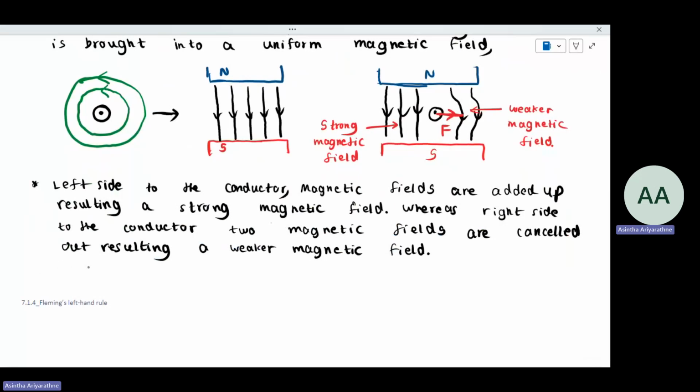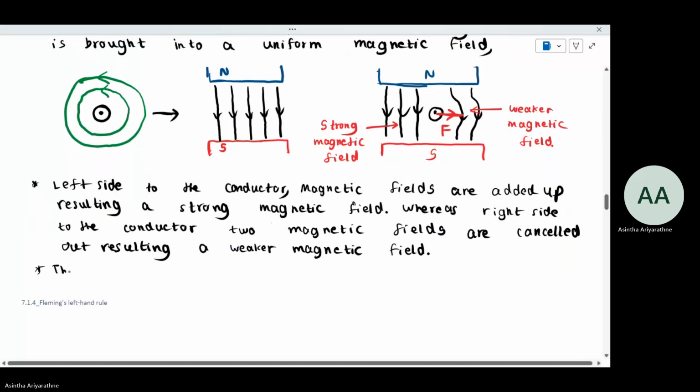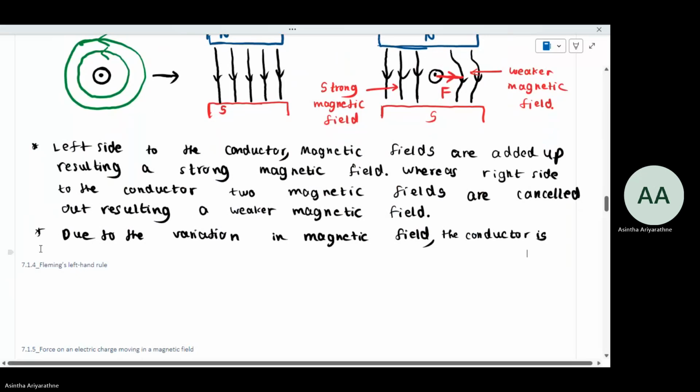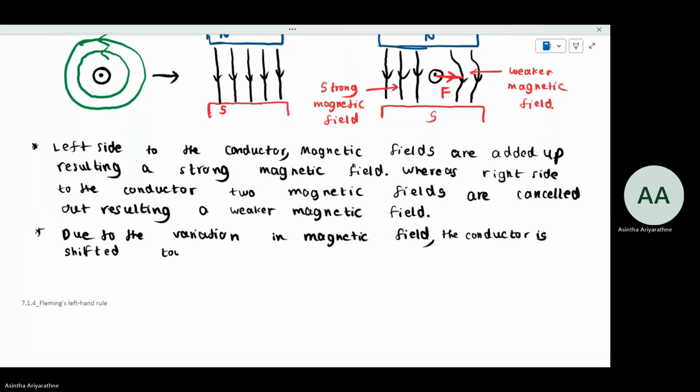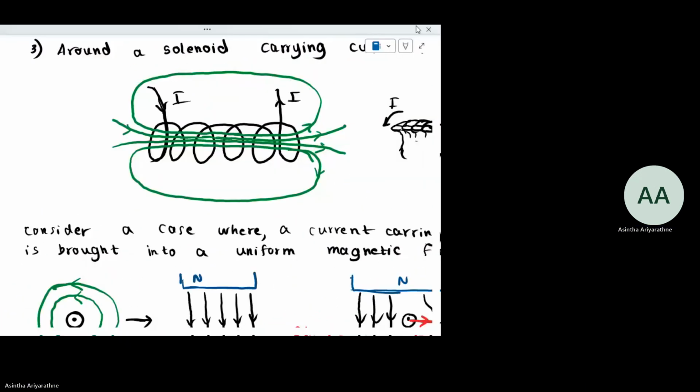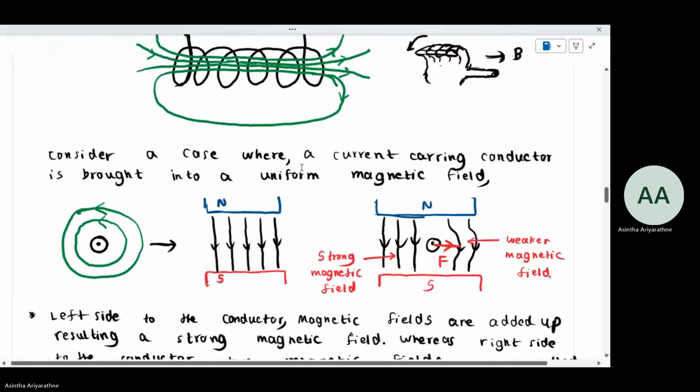Therefore, the conductor would be shifted towards the right. So due to this variation in magnetic field, the conductor is shifted towards the right.